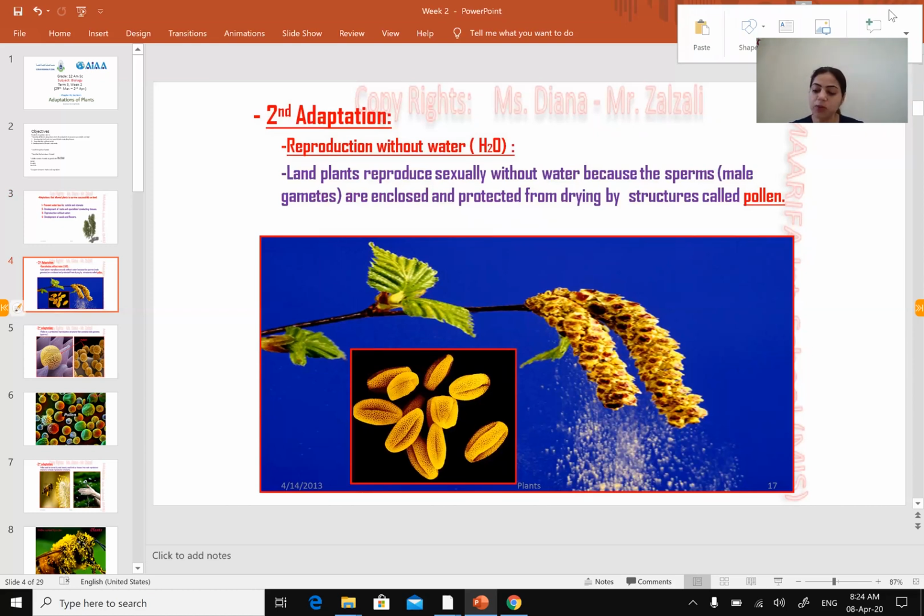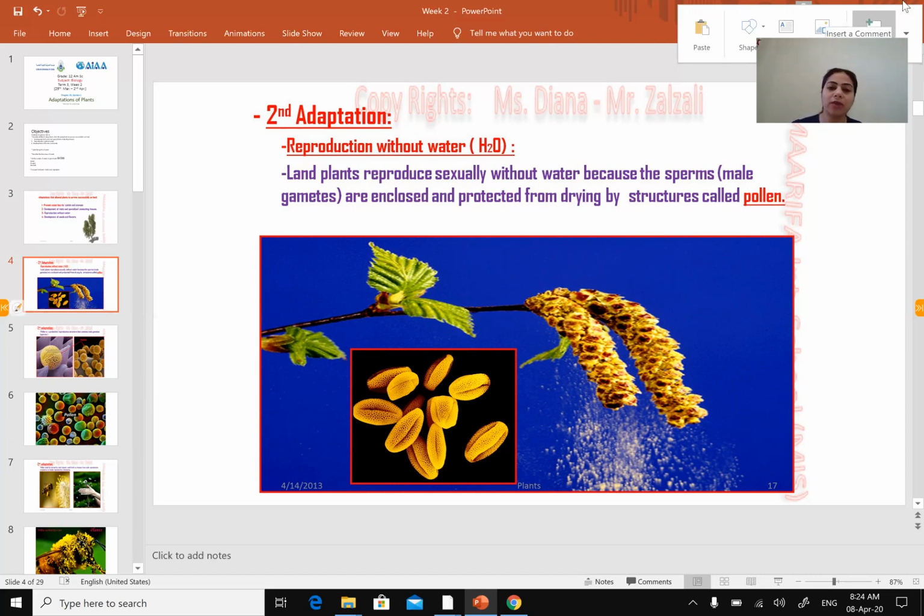For plants, the sperm of most plants, notice, most plants, must be able to move without water because these plants live on land. We use the term most because in some cases, for example non-vascular plants, they cannot move without water. There should be water. The sperm of most plants must be able to move without water.